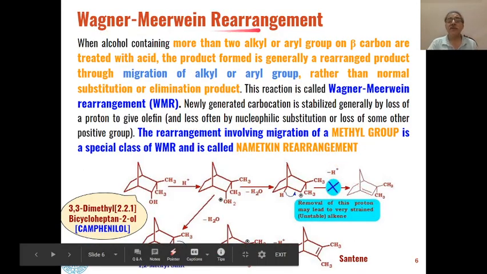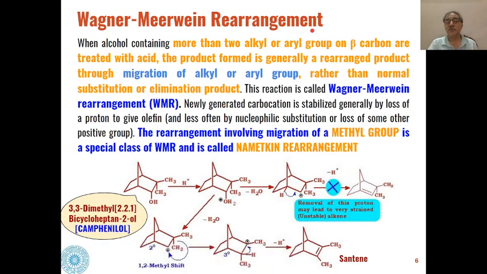Now, Wagner-Meerwein rearrangement, as I have already told you, is the type of carbocation rearrangement where there is a shift of an alkyl or aryl group. When alcohols contain more than two alkyl or aryl groups on the beta carbon, and are treated with acid, the product formed is generally a rearranged product through migration of an alkyl or aryl group rather than normal substitution or elimination products.